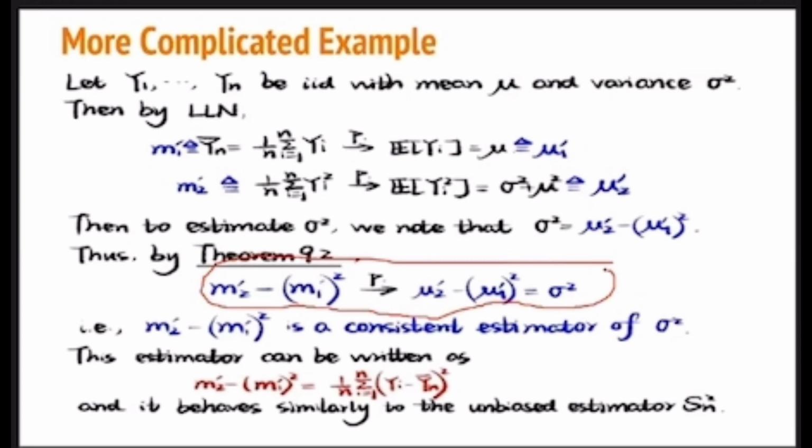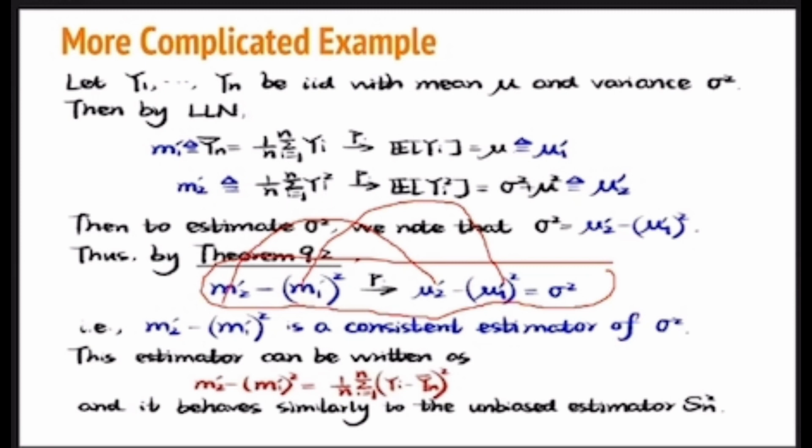If you remember Slutsky's theorem, if the second sample moment converges to the second population moment, and the first sample moment converges to the first population moment, then whatever algebraic operation you perform between them will also converge, which means in a way the sample variance converges to the population variance. That's exactly what we mean.